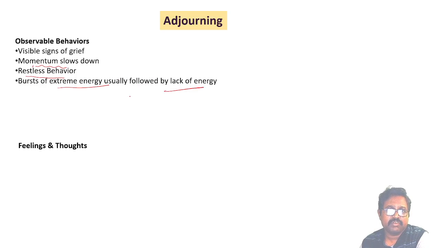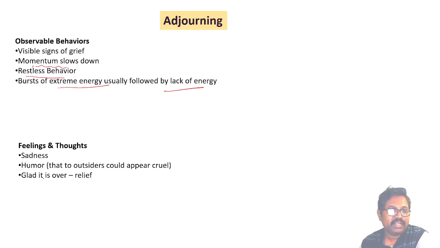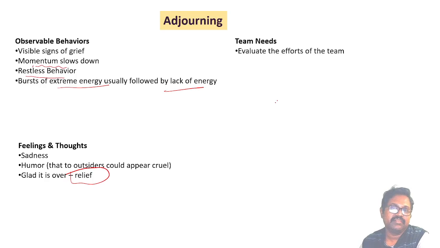These are the observable behaviors whenever the team is trying to dissolve. And the feelings: there will be sadness among group members, and there will be humor that an outsider could find cruel, and they'll be glad it is over, and some of the members will feel relief. So these are the mixed feelings.